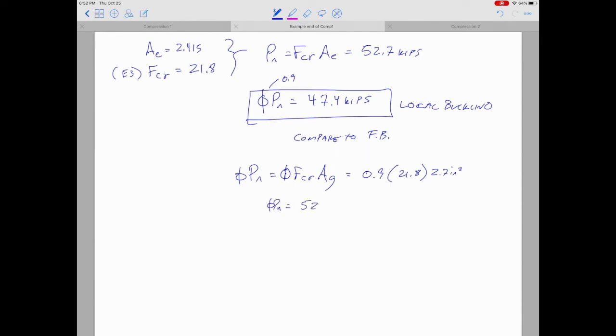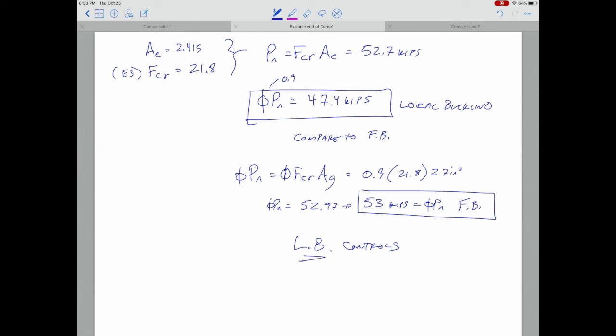Phi Pn is 52.97, we could say it's 53 kips for flexural buckling. So local buckling controls, right? We know that though. If we have to calculate a B effective, if we have to calculate an area effective, then we know that local buckling is going to control.